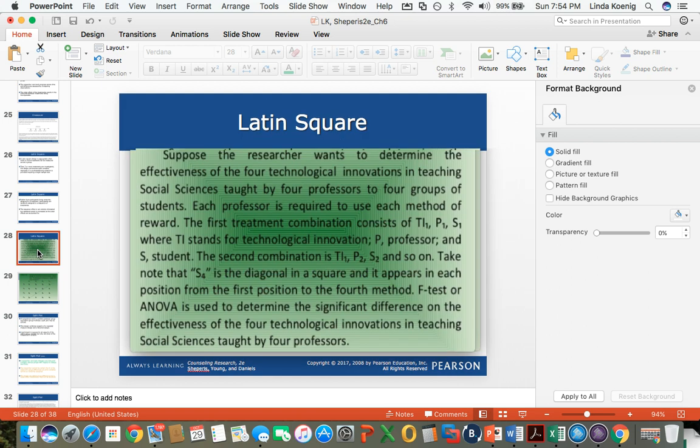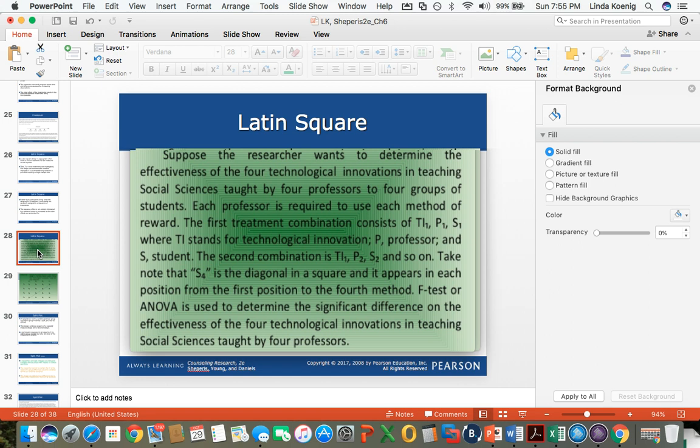All right, so for example, suppose a researcher wants to determine the effects of 4 technological innovations in teaching social science taught by 4 professors to 4 groups of students. So we get a lot of moving parts here, right? We've got four teaching methods, 4 professors, and 4 groups of students. Each professor is required to use each method.